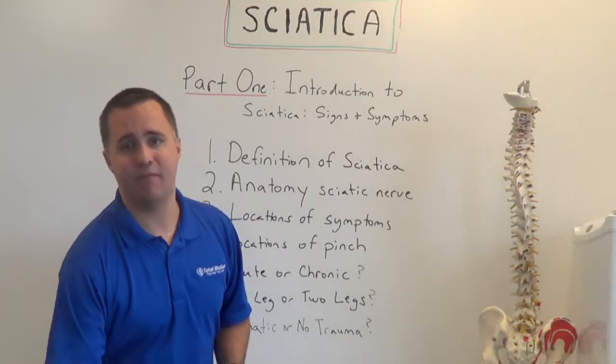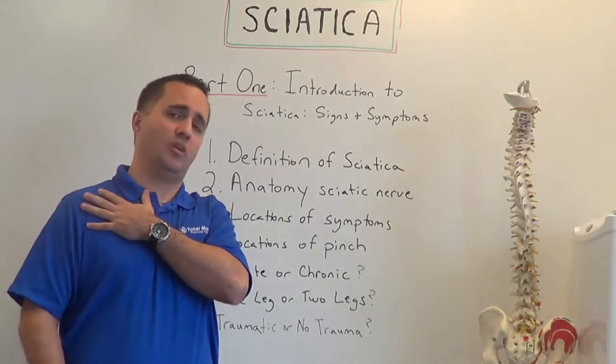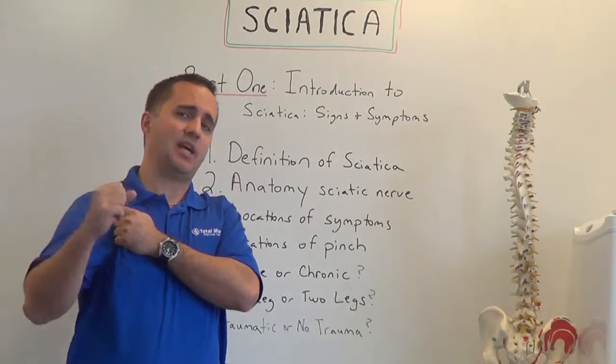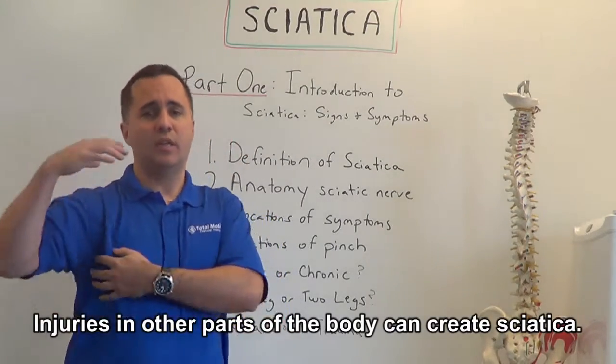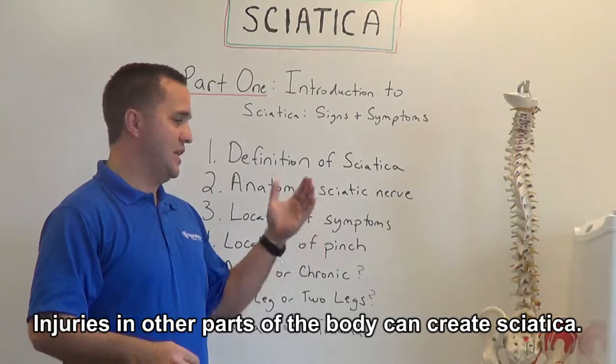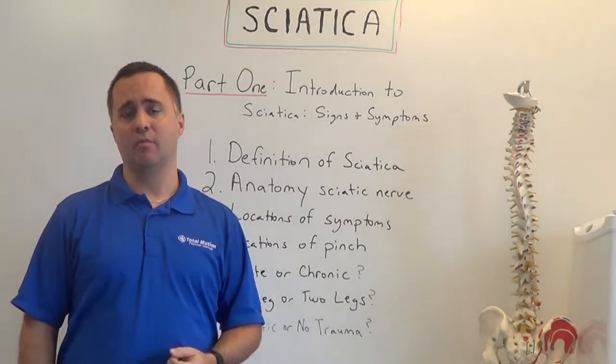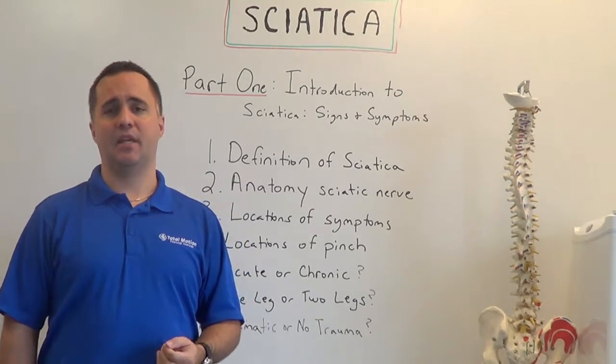I hurt my knee 15 years ago. I hurt my shoulder and had surgery on it 20 years ago. And it's that lingering tightness and change from those older injuries that can pull on and affect and lead to compensatory changes down in the lumbar spine, sacral region, buttocks, and so forth, and lead to these sciatic nerve symptoms.